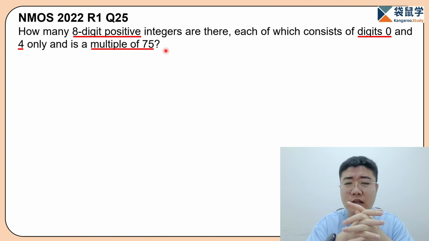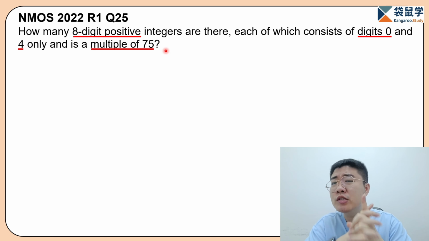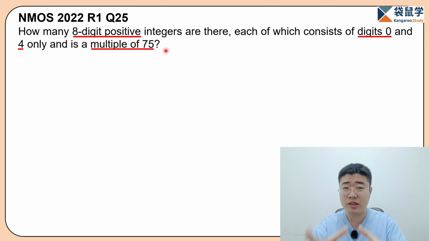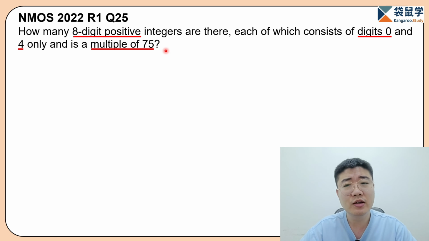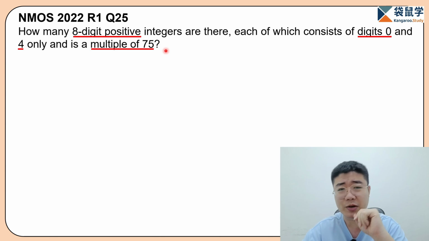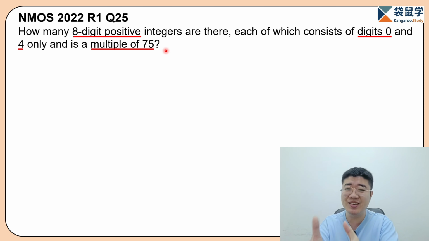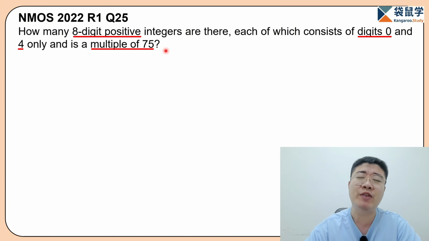So now let's think. Multiples of 75 also means that this number itself is divisible by 75. But do we have a divisibility rule for 75, everyone? We're going to realize there is no single rule that's dedicated to the number 75.